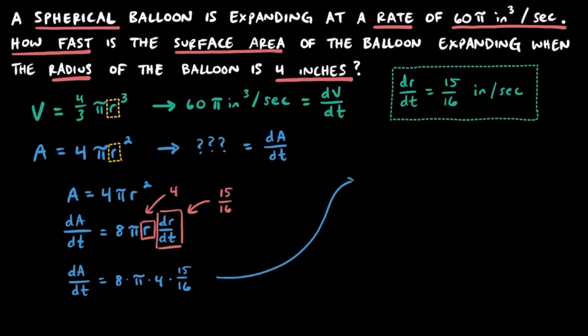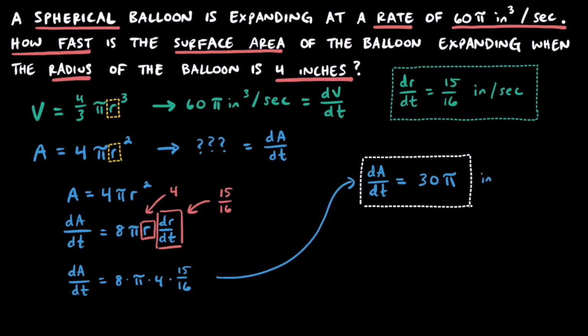Cleaning this up a bit, we can say that dA/dt is equal to, well, 8 times 4 is 32, and 32 will cross cancel with a 16 to make 2. 2 times 15 is 30, so we're just going to get 30 pi on the other side. Now, because this dA/dt really just represents the change of the surface area with respect to time, this is going to be measured in inches squared per second.